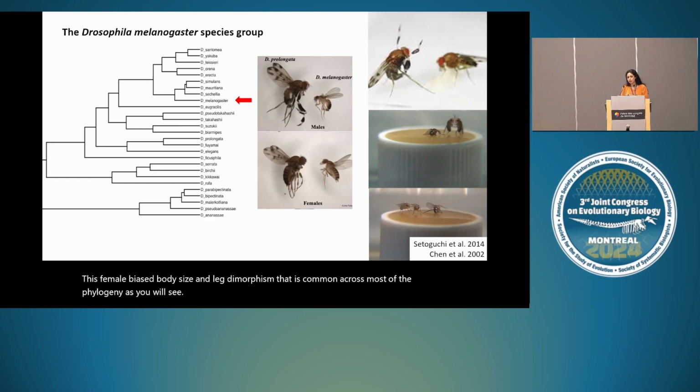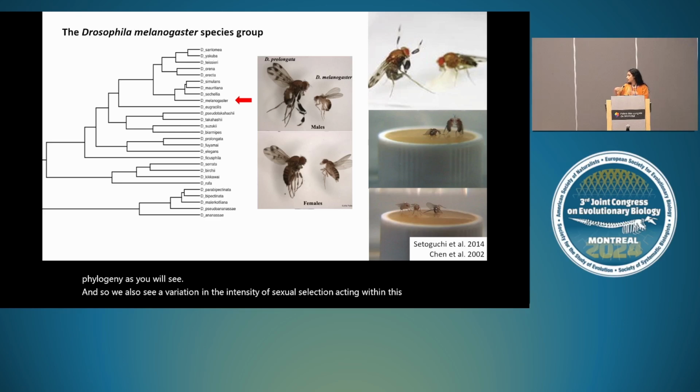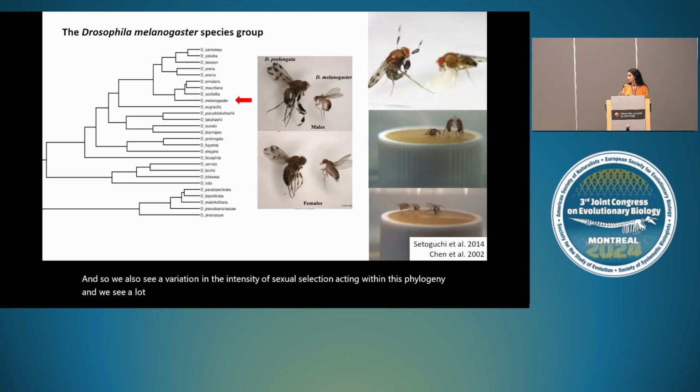And so we also see variation in the intensity of sexual selection acting within this phylogeny. We see a lot of intrasexual selection in the form of male-to-male combat, where males will use their forelegs to box or fight with other males for access to female mates.